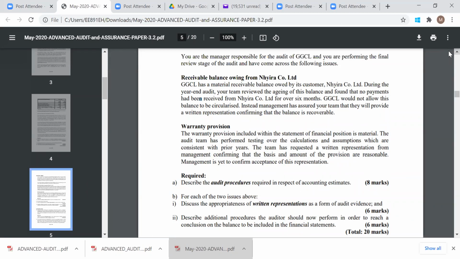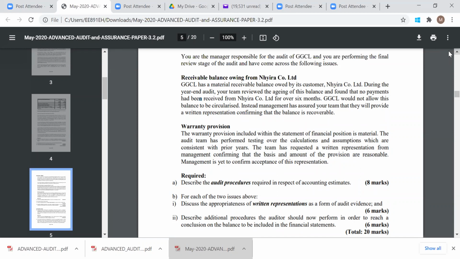The existence and rights and obligations with regards to the receivable balance. There's another thing that is also important in audit that we haven't come across yet, but we'll be treating later, so I don't want to mix that. So the written representation helps you to verify the valuation or even the existence of the receivable balance.